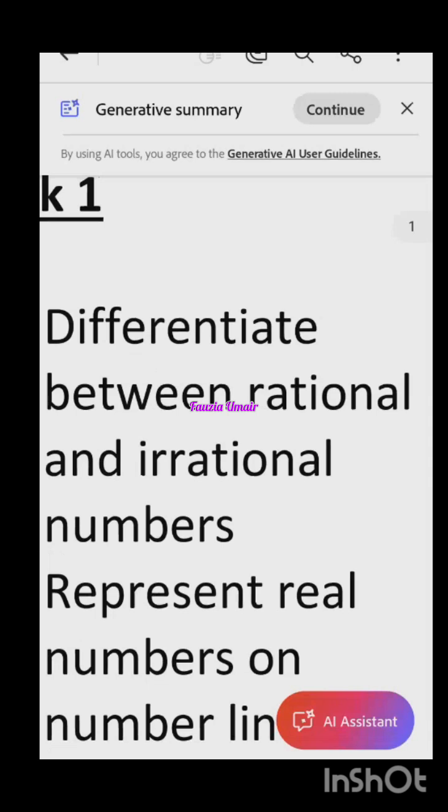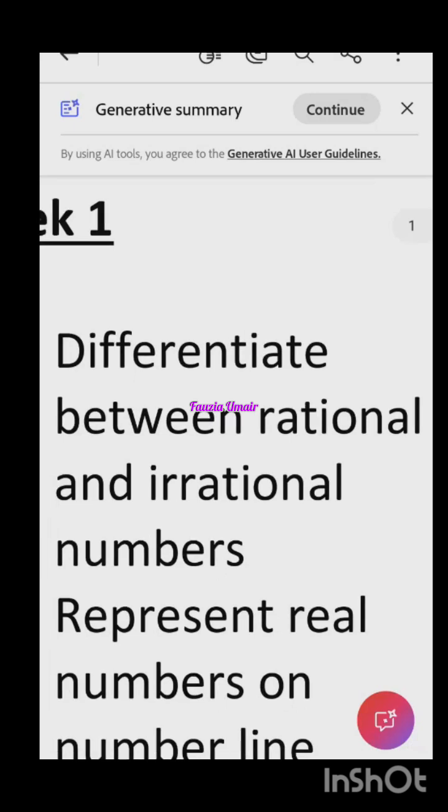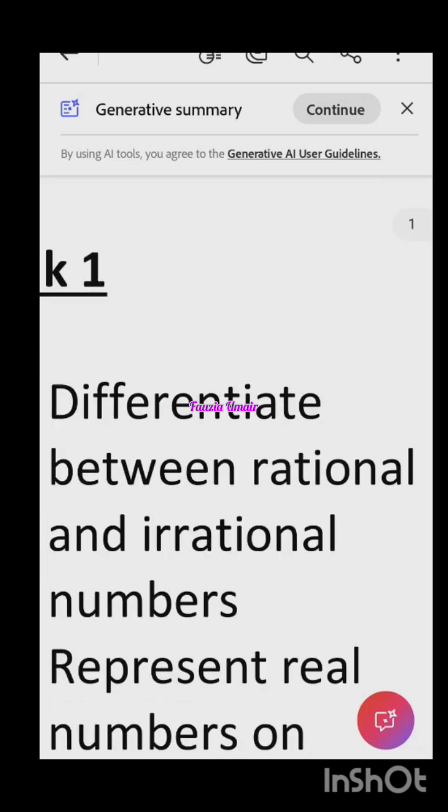The learning outcome in today's class is that you will be able to differentiate between rational and irrational numbers. After today's class, if there is a number written in front of you, you should be able to tell whether that number is rational or irrational. Okay? So we will start with the discussion.